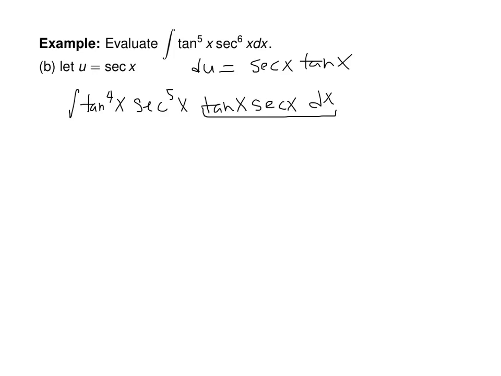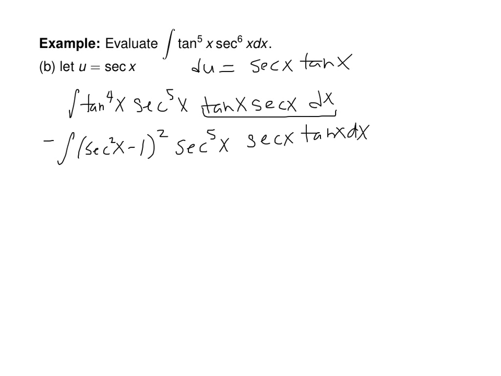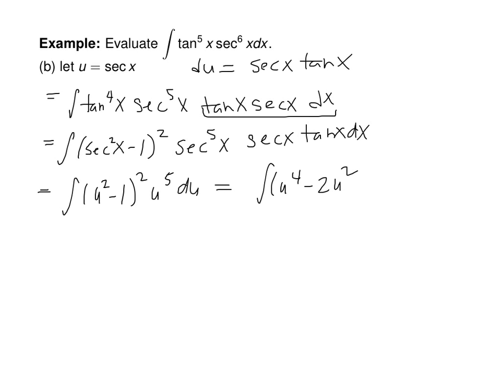And then notice that tangent squared is equal to secant squared minus 1. So tangent to the 4th x is equal to secant squared x minus 1, the quantity squared, times secant to the 5th x times secant x tan x dx. And now we make our substitution. So we have u squared minus 1, the quantity squared, times u to the 5th du, which when we expand gives us u to the 4th minus 2u squared plus 1 times u to the 5th du.